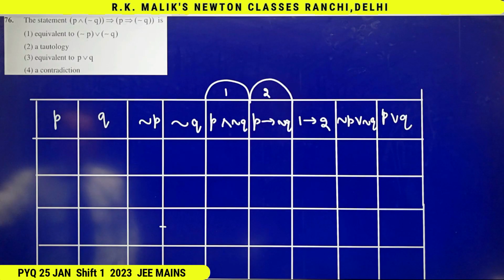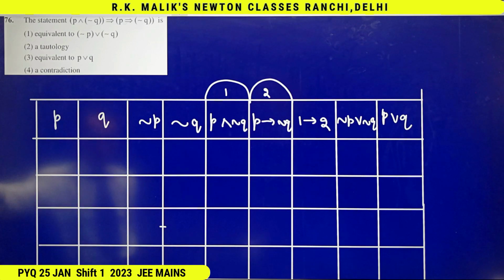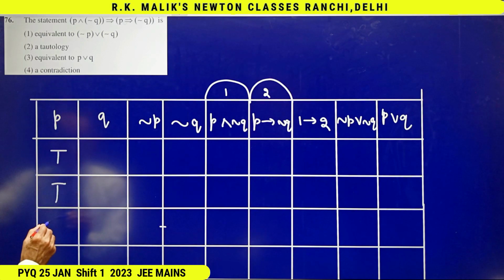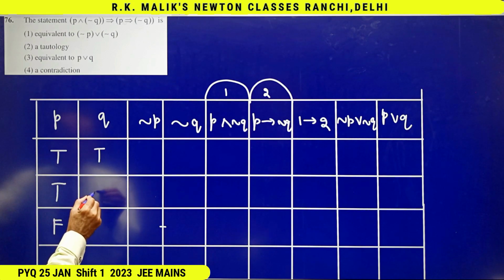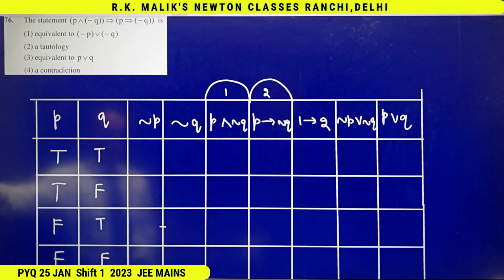You know that in the case of compound statements in which two simple statements are involved, 4 rows come in the truth table, and we always start in this way: T T F F, T F T F.